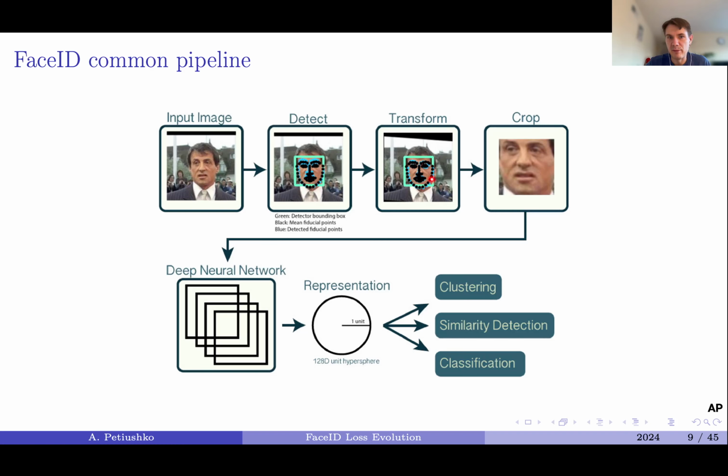We have predefined places for these key points, and you can see here that a straight line was just inclined a little bit. Then we crop the face itself, in its normal position, already transformed. And then we have a deep neural network, which is the feature extractor.